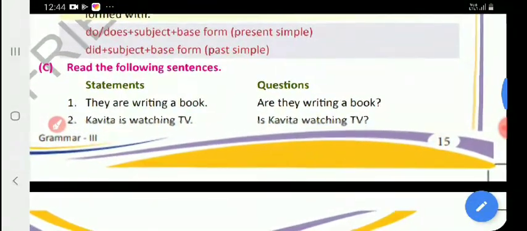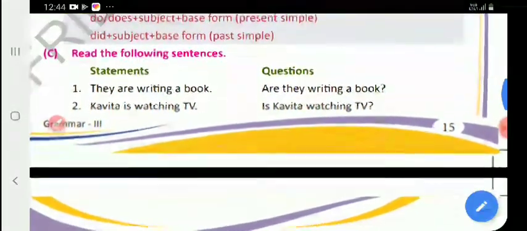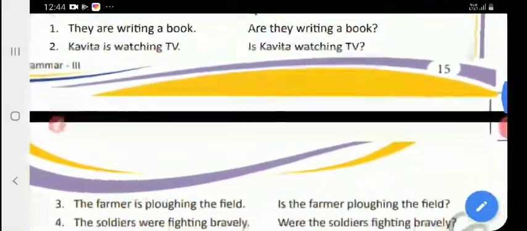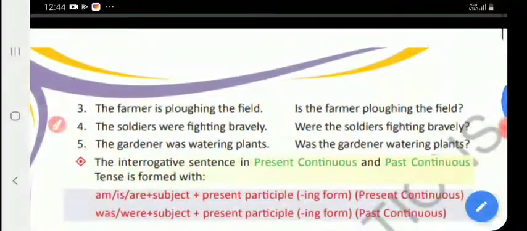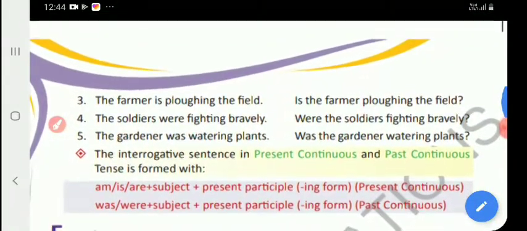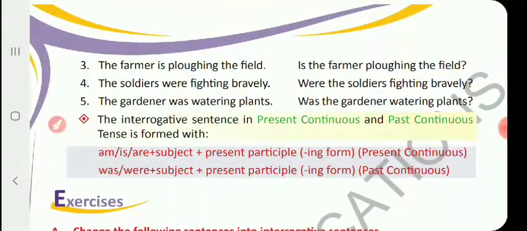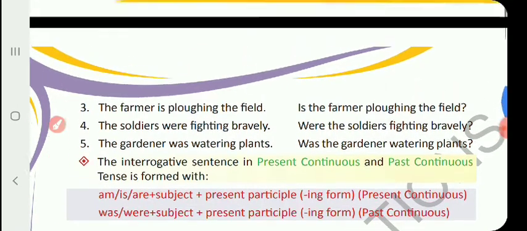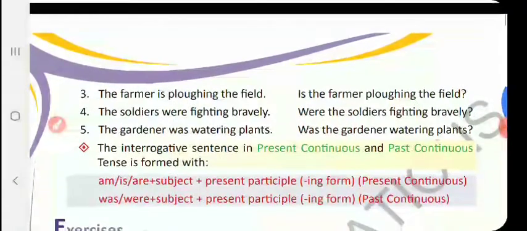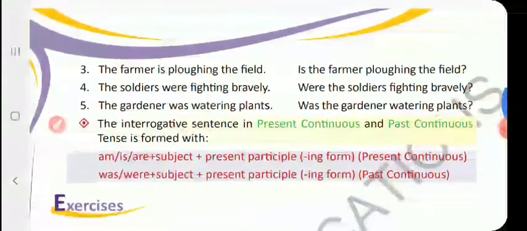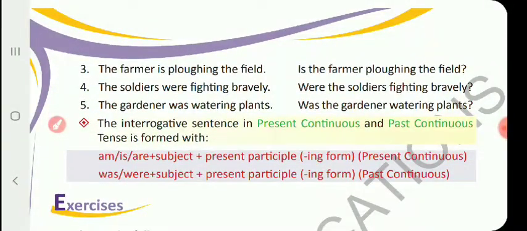Are they writing a book? Isn't it? So here the statements are given in present continuous and past continuous tense.